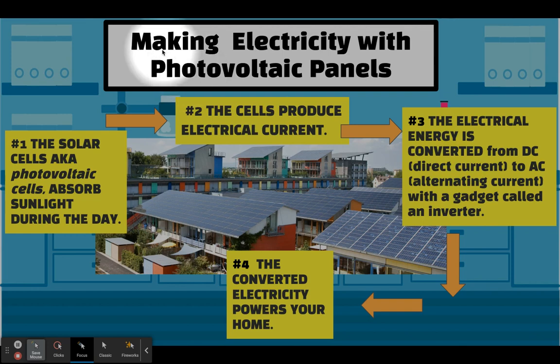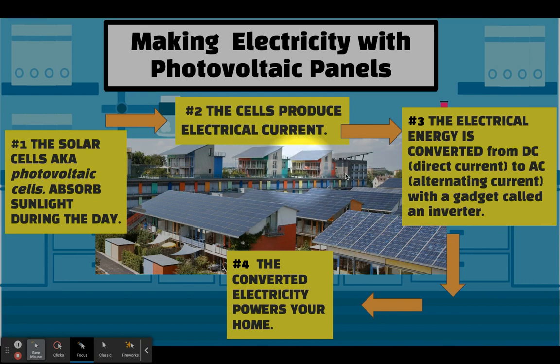The second kind of solar energy that we see in our world being used is photovoltaic panels. And these panels make electricity for a home. There's a couple of steps. You usually see them on the rooftops of either homes or apartment buildings.